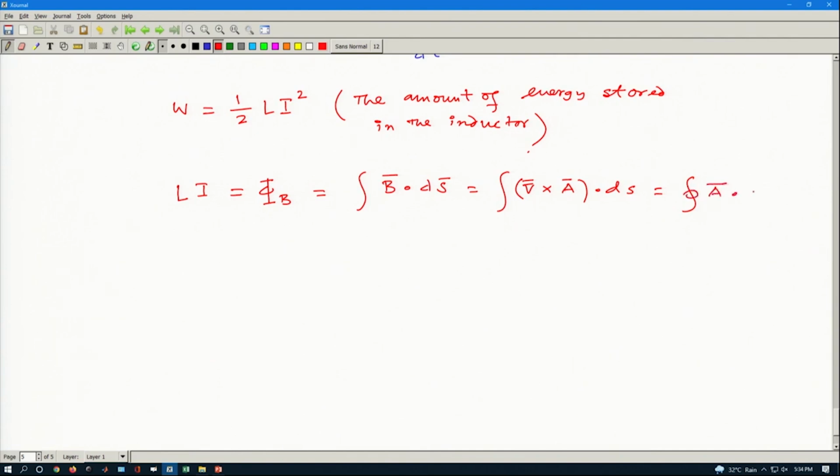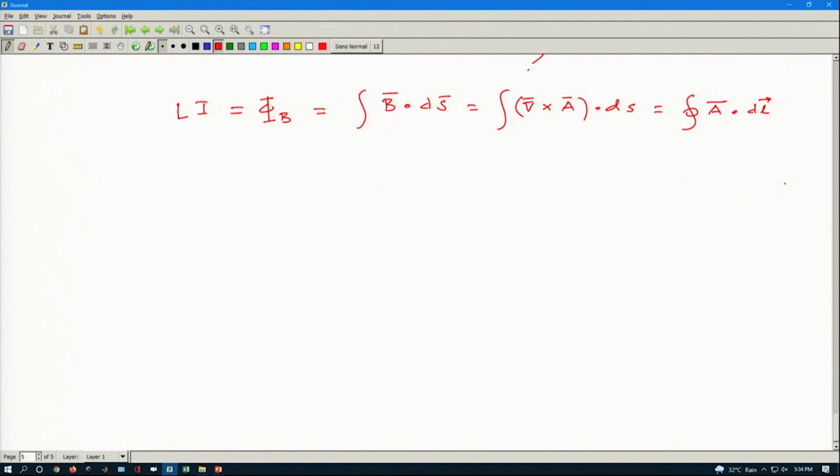This we have done earlier, how to calculate the magnetic flux in terms of the vector potential.